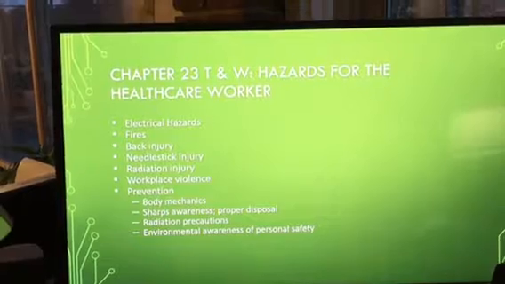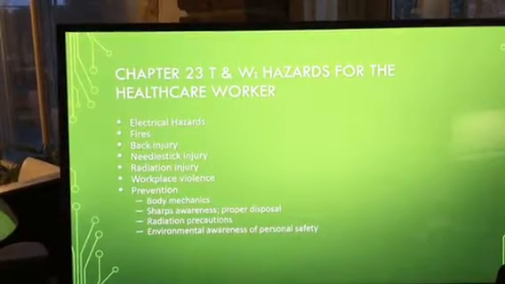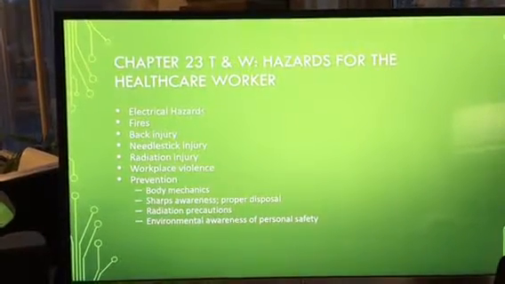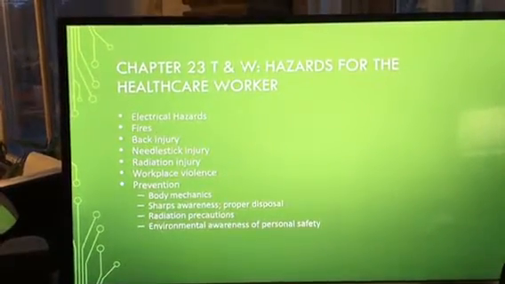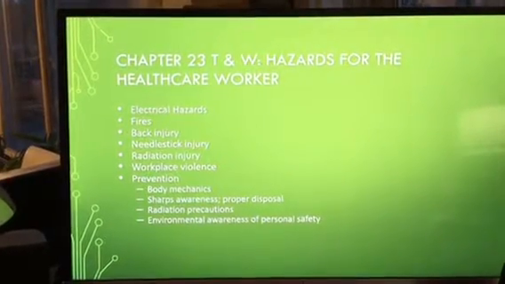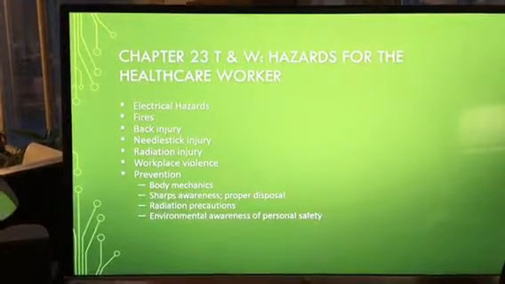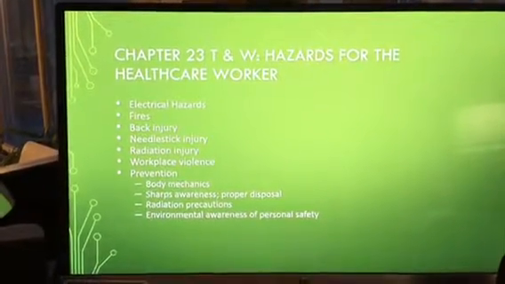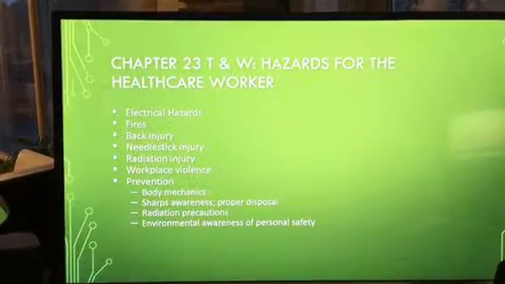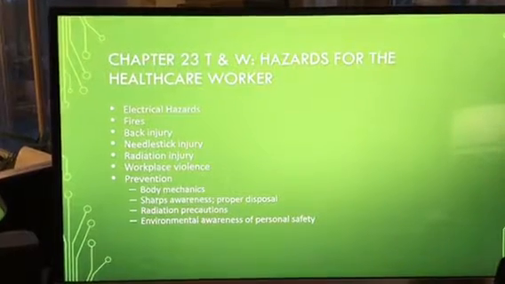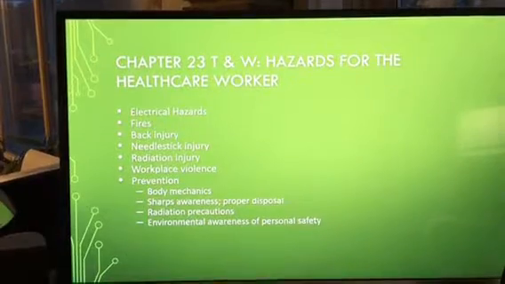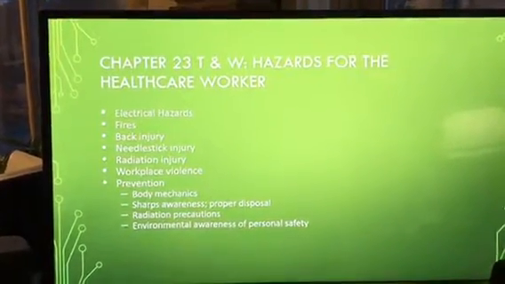And some of the things that you'll find in this chapter are listed here on this PowerPoint, pointing to things in the workplace that could cause us harm, such as electrical hazards, the risk of fire, musculoskeletal injuries, such as back injury, iatrogenic injury that can occur from things like needle sticks or instruments that we work with, radiation exposure, and violence.